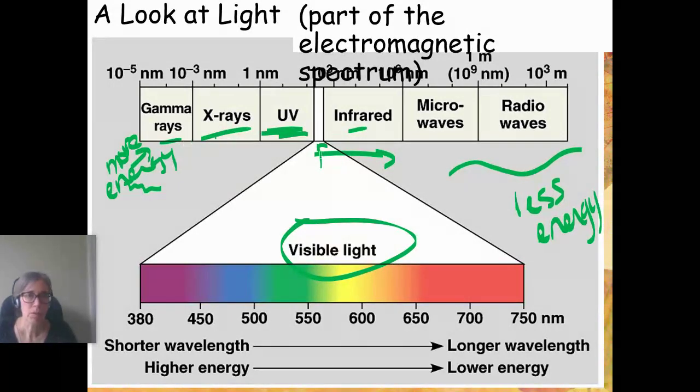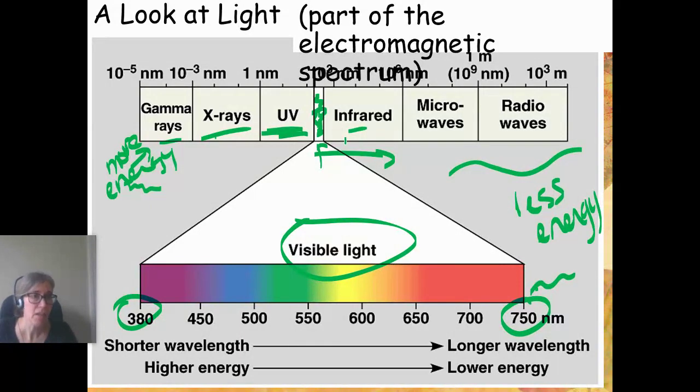So what we're going to be focusing on in photosynthesis is just this little narrow band of light. And so the wavelengths of light are short here, where it's blue, to longer, 750 nanometers. Any longer than 750, and you get to stuff that we just can't detect with our eyes. It still exists, but we can't detect it. So infrared light, we can't detect that, nor can we detect microwaves or radio waves.